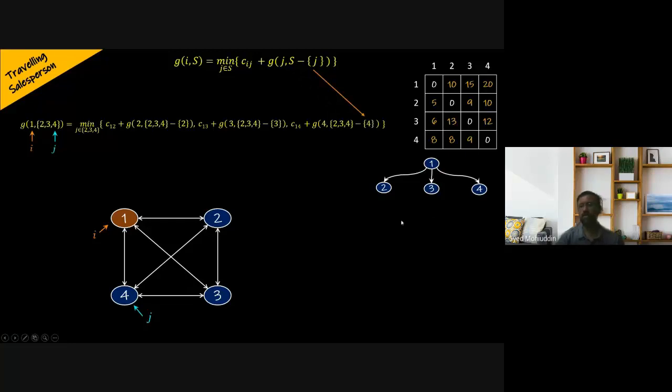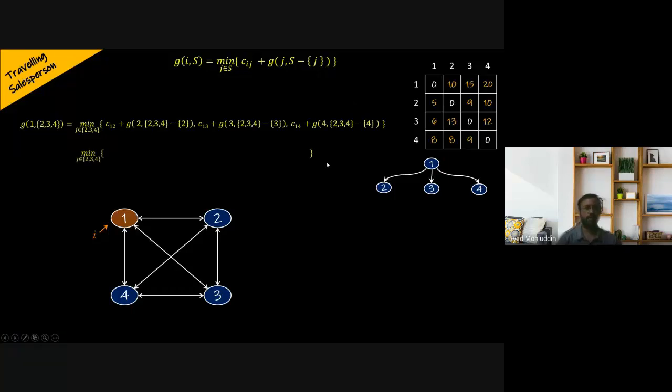If you look at this tree, from vertex 1 we can move to vertex 2, vertex 3, and vertex 4. Now with this equation, we try to find which path is minimum: going from vertex 1 to vertex 2, or vertex 1 to vertex 3, or vertex 1 to vertex 4. Let us try to simplify this equation.